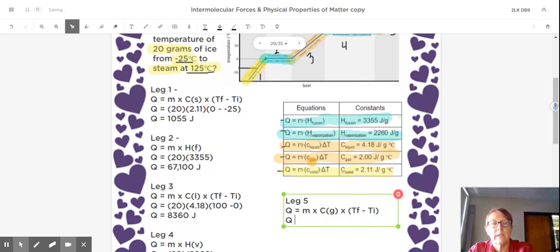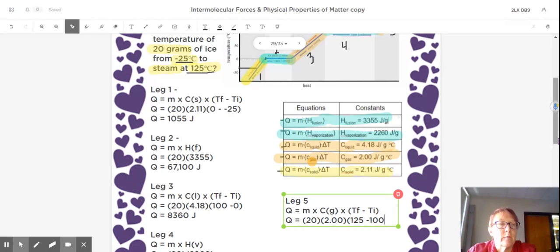So Q is equal to mass, so 20, times the specific heat of a gas, which is 2.00 joules per gram degree Celsius. And then our delta T, T final is 125 degrees. T initial is 100 degrees.